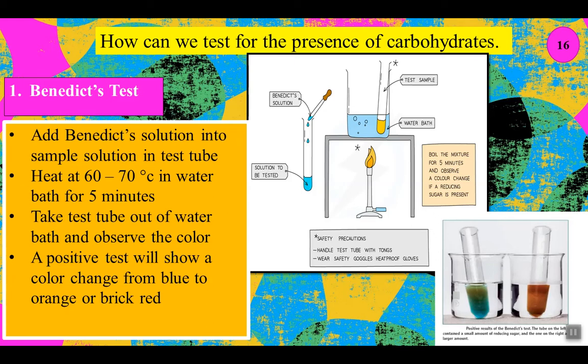Then we have to heat the solution at 60 to 70 degrees Celsius in a water bath for about 5 minutes. And then we have to observe the color change of the test tube. A positive test will show a color change from blue to orange or brick red.